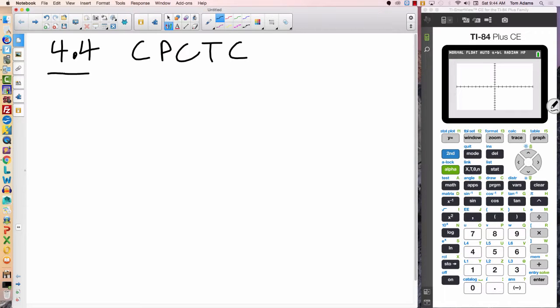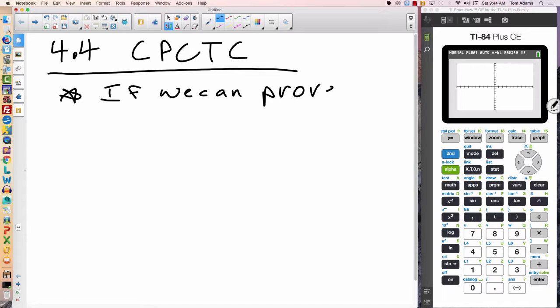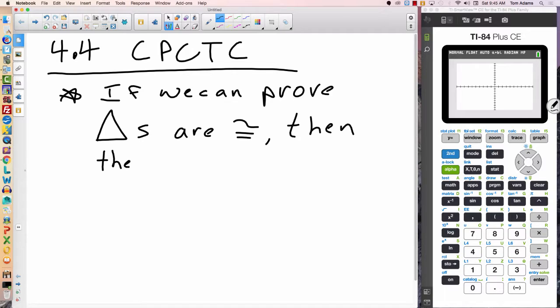Okay, and so basically what we're saying is, and let me just write this out. If we can prove triangles are congruent, then their corresponding parts are also congruent.